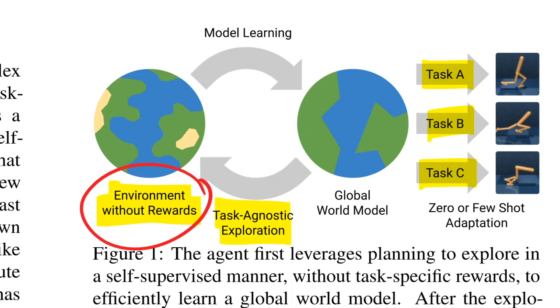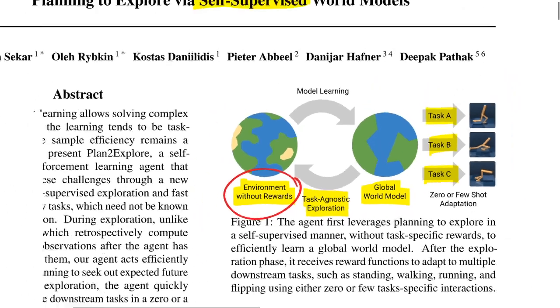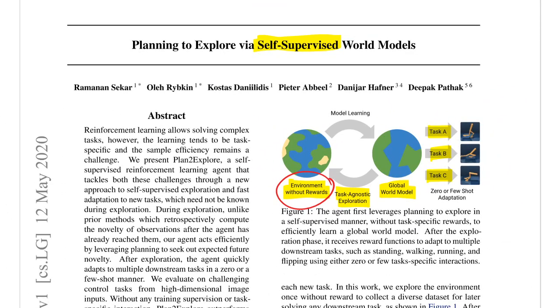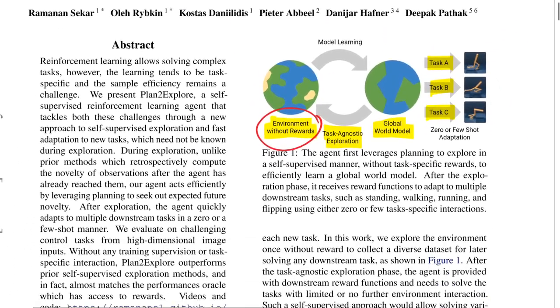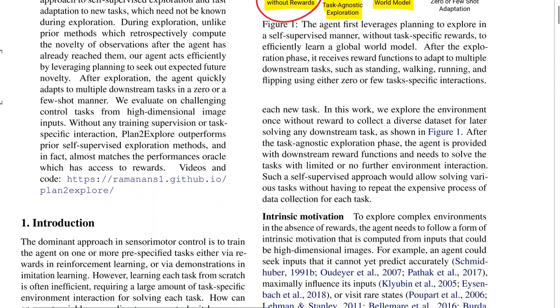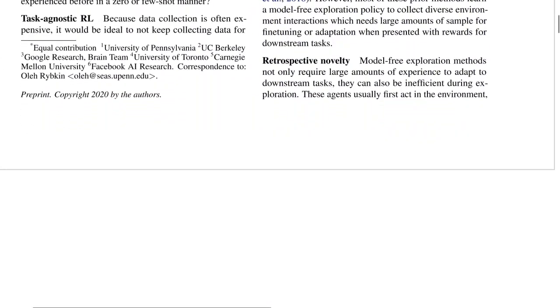And in their case, they learn this global world model. So the agent is supposed to learn somehow how the world works, right? And this is the way that this agent is then able to adapt really quickly.